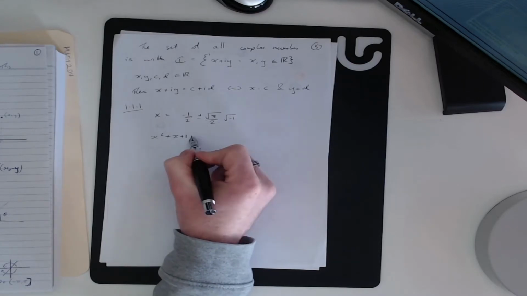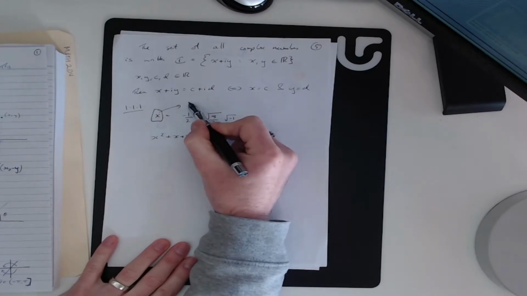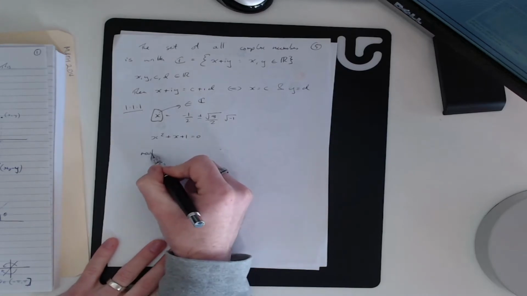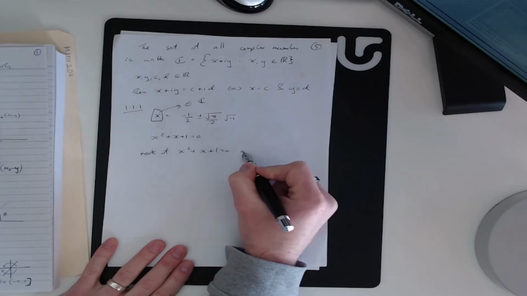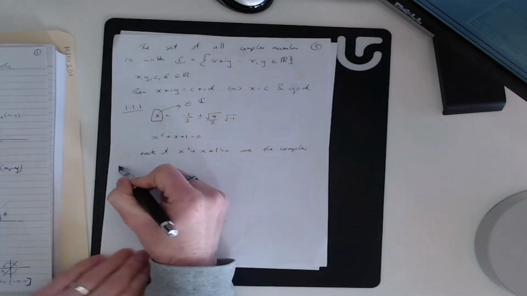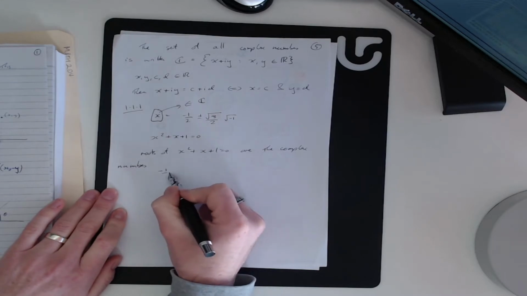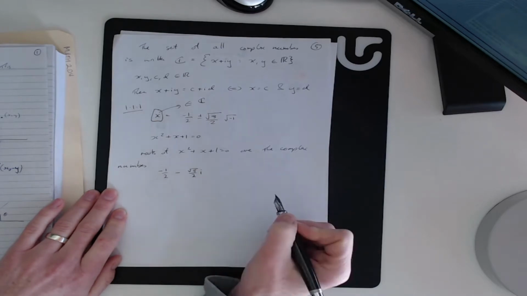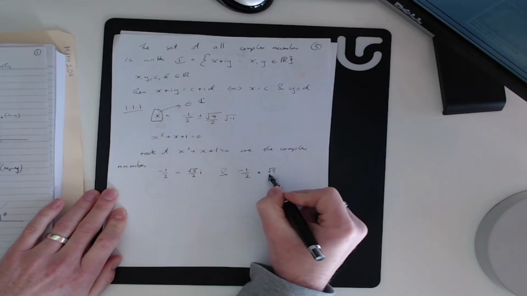If we interpret this as an element of the complex numbers, then we can write that the roots of x squared plus x plus 1 are the complex numbers minus 1/2 minus square root of 3 over 2 i, and minus 1/2 plus square root of 3 over 2 i.